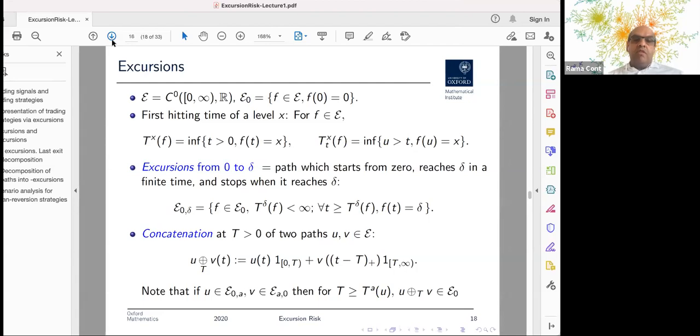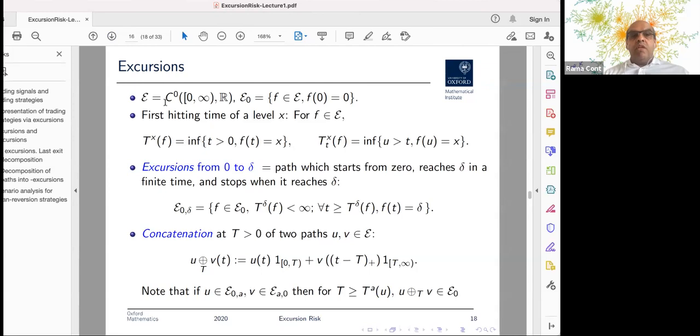Instead of splitting the signals or the price paths into fixed time intervals, as you do in econometrics, like daily or hourly or whatever fixed time interval, which is arbitrary because trades can happen in the middle of these time intervals, and also trades may not happen at each of these time intervals, you need to split the paths of your signals through these level crossing times. And that's what we're going to do now.